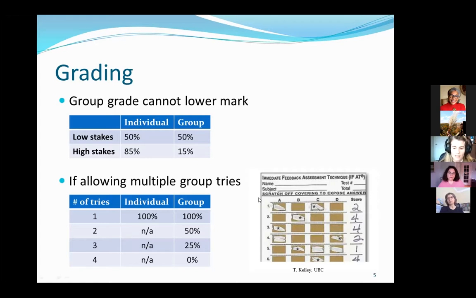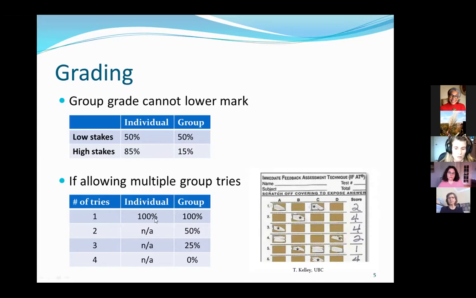So for example, if they thought the answer to the first one was A, they scratch it, and they see there's no little star hiding there. They're like, oh, we got it wrong. Okay, so they try a second time. They pick C. They see that there's a star. That means, oh, we got it right. Great. We can move on to the next question. So they're getting immediate feedback on their answers.